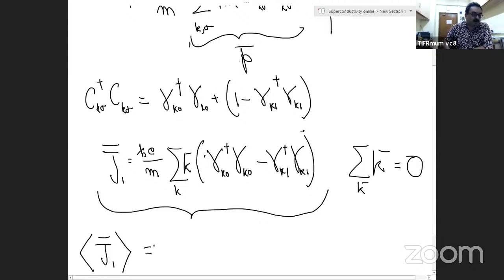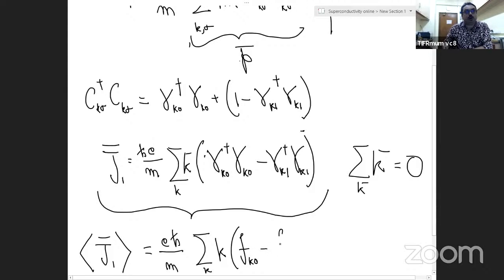So I will have to calculate this. This is the Fermi-Dirac distribution for the 0 kind of Bogoliubov quasiparticle, and this is the Fermi-Dirac distribution for the 1 kind of Bogoliubov quasiparticle.